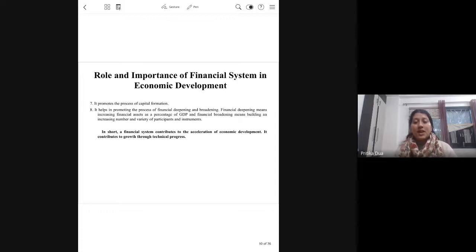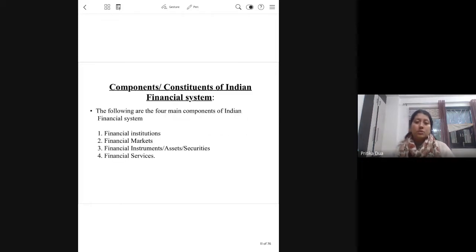So financial system is contributing to the acceleration of economic development. The engine of growth for any economy is the financial system of that economy. As I told you, we have four main components in the financial system: financial institutions, financial markets, financial instruments, assets, securities.